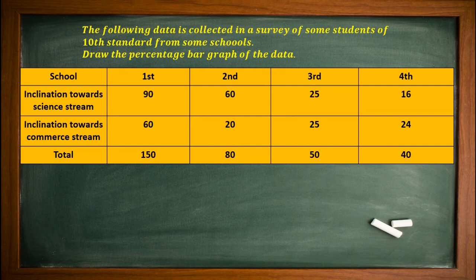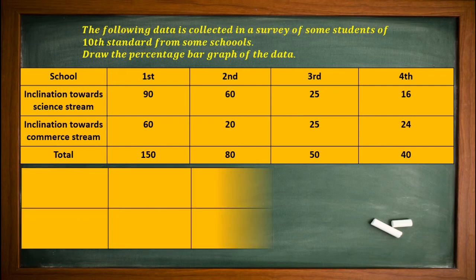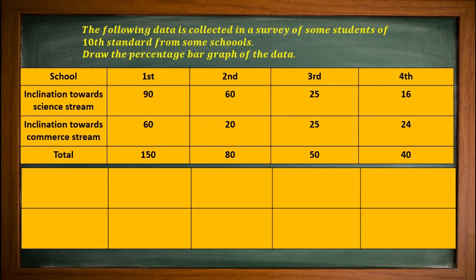So what we have to do here is first find out the percentage. We are supposed to draw the table here, finding the percentage inclination towards the science stream and then the percentage inclining towards the commerce stream.